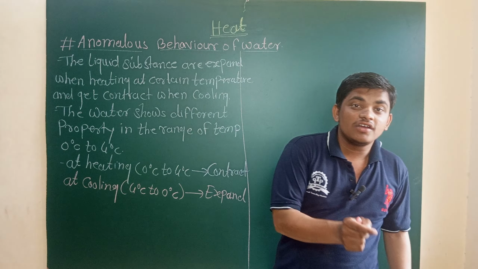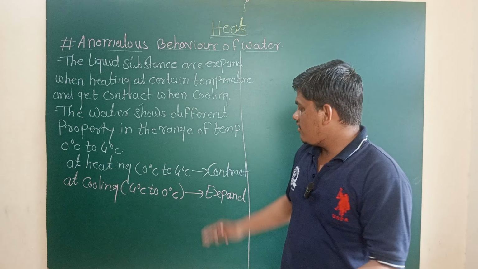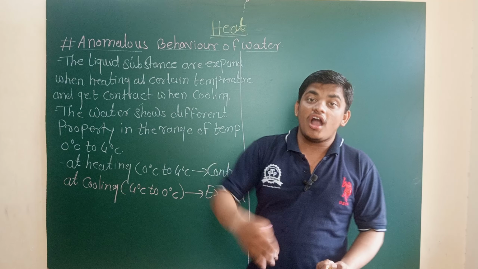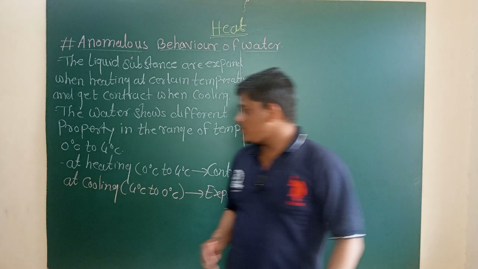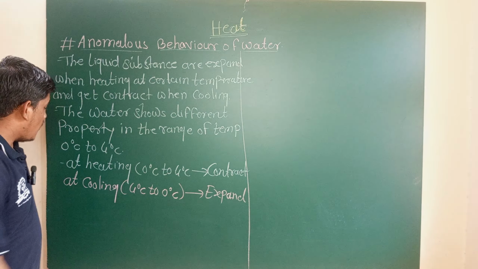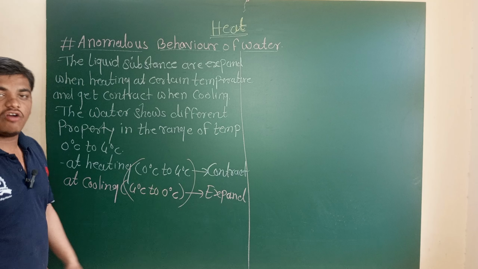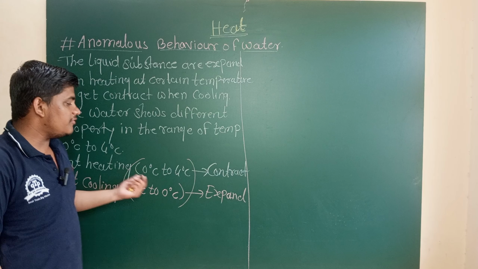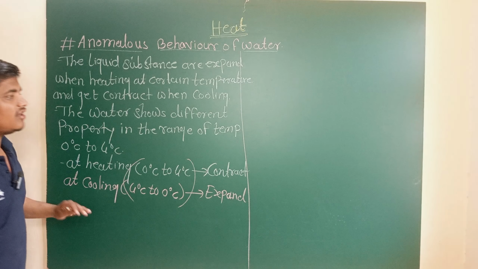When water is cooled below 0 degrees Celsius, it contracts. When water is heated above 4 degrees Celsius, it expands. These are properties similar to other substances, but water doesn't show expansion and contraction in the range of 0 degrees Celsius to 4 degrees Celsius. This is called the anomalous behavior of water.